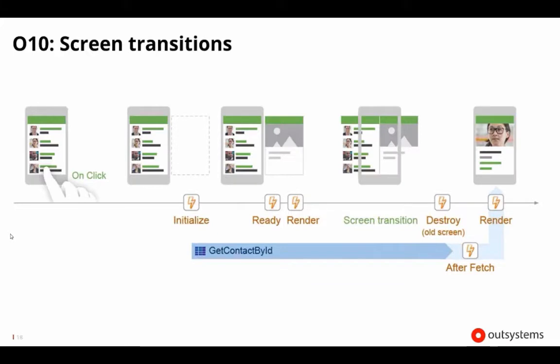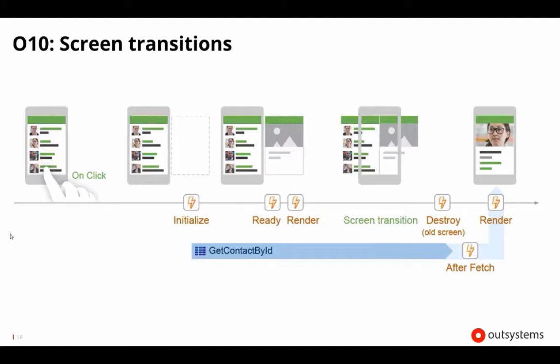Also important is to understand what goes on during screen transitions. When a navigation action is triggered, the destination screen starts going through its life cycle outside the viewport, invisible to the user.